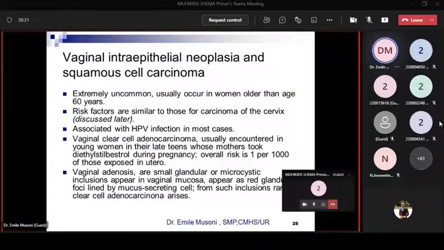But most of the time on TV and in public health, they focus on the female and forget the male. As a medical student, you must know that males are also at high risk. We have published one article about cancer of the penis, and it was related to HPV infection.